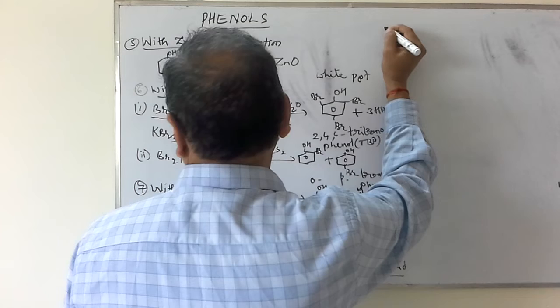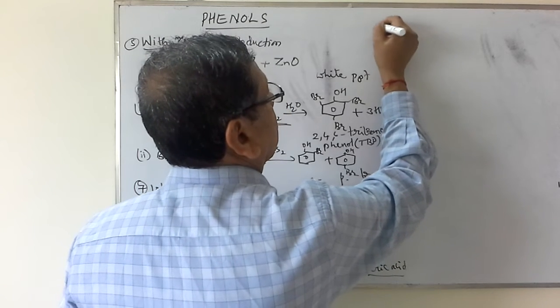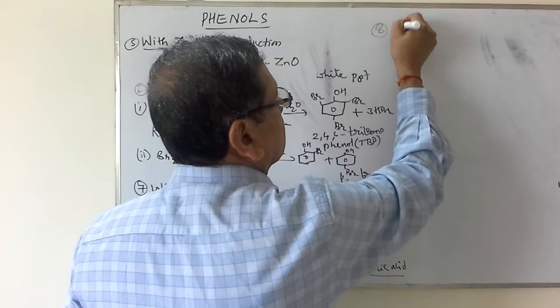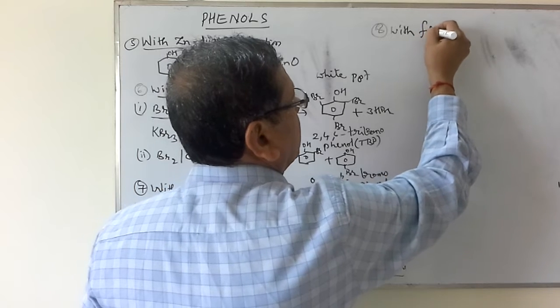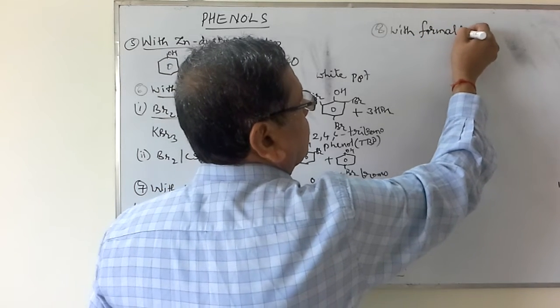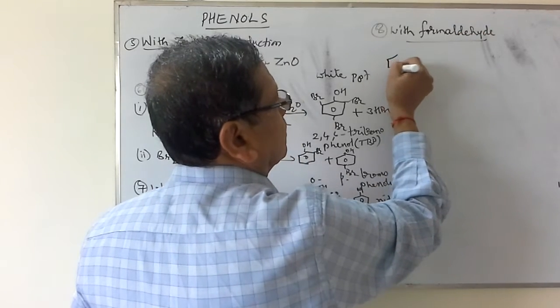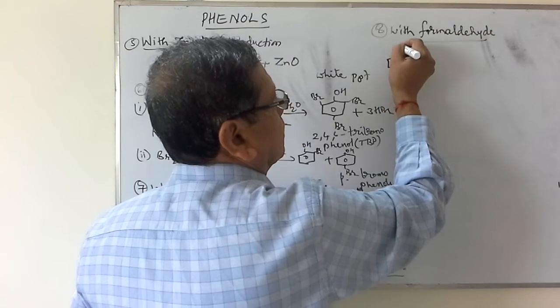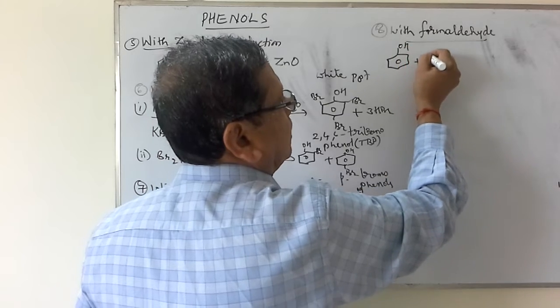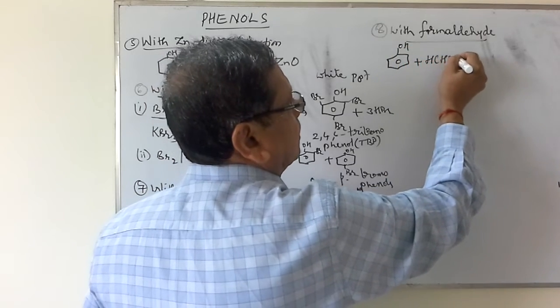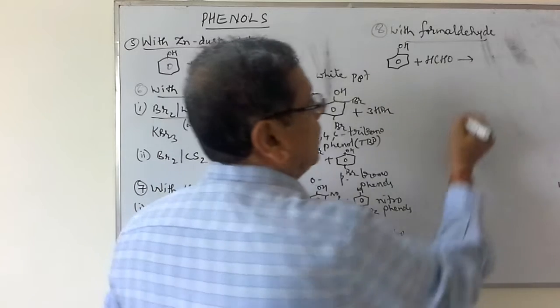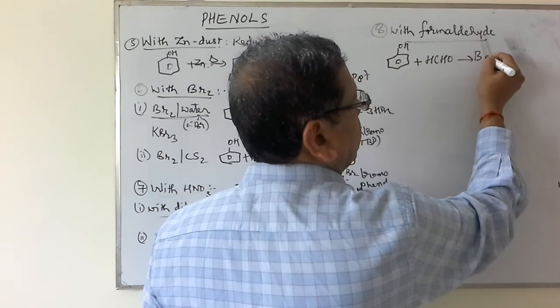The next reaction is with formaldehyde. Phenol reacts with formaldehyde to give rise to a polymer called bakelite.